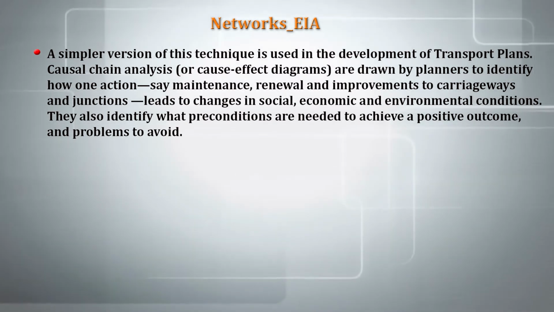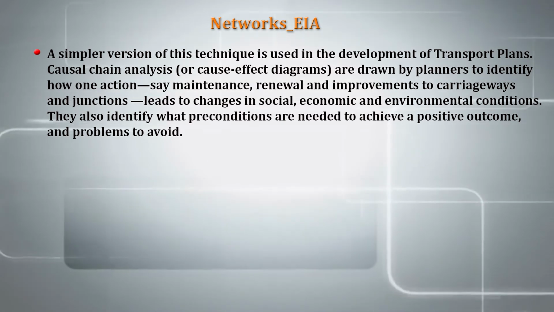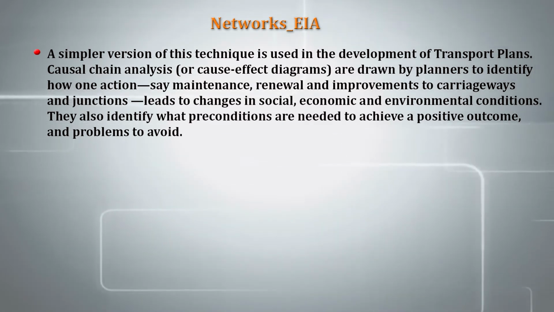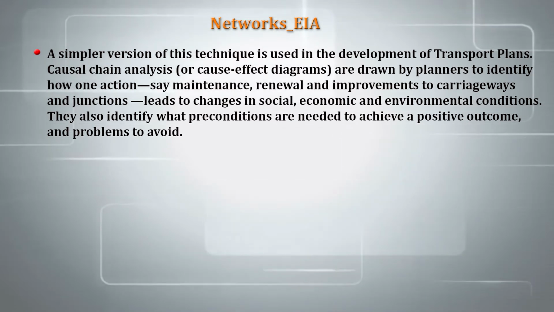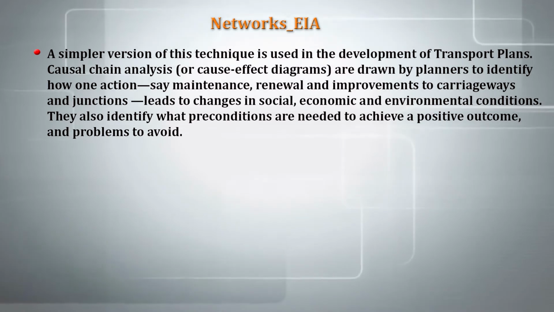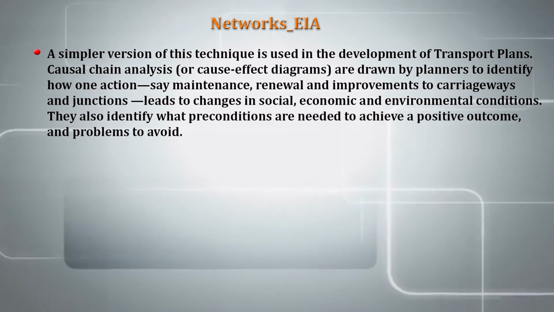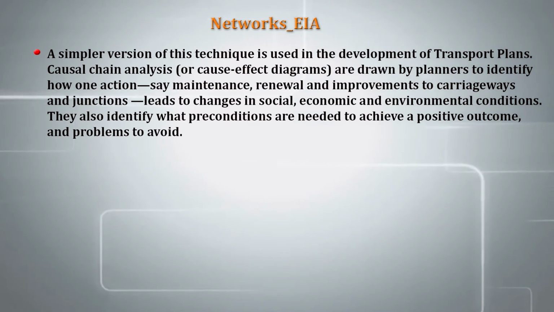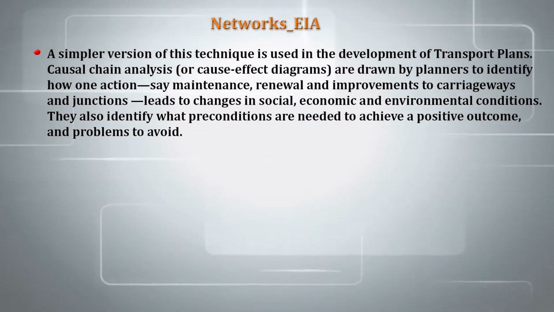The best one is the causal chain analysis. In other words, it is called cause-effect diagrams. They are drawn by the planners to identify how one action, for example a maintenance action or an improvement in the transport system, can lead to what kind of changes in the social, economic and environmental conditions.